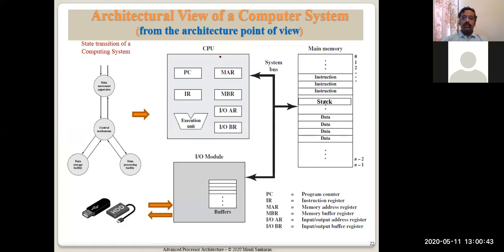See, as I told you, the CPU has a program counter, a memory address register, a memory buffer register, and there are IO registers. And this is the instruction register, wherein the instruction read from the memory is stored and the CPU executes it. And you know that the program counter points to the program memory.